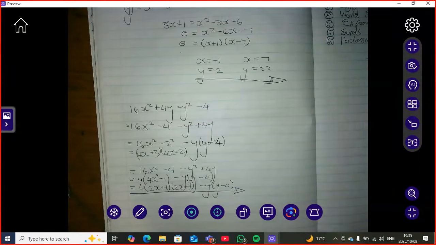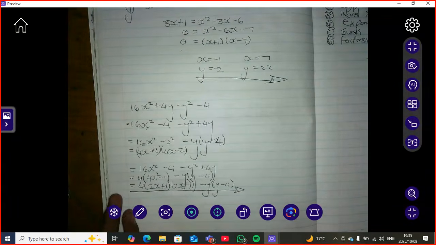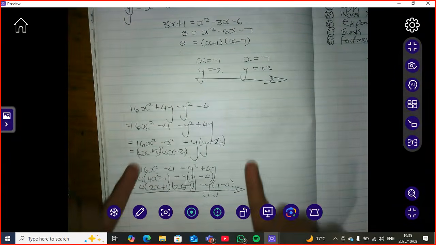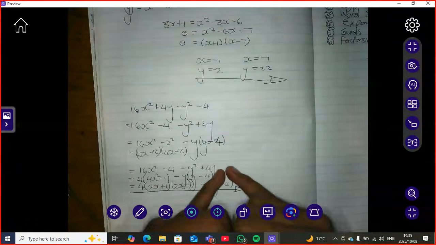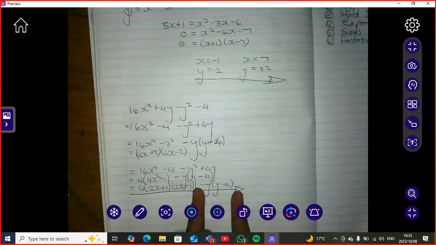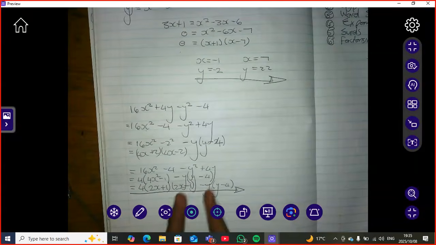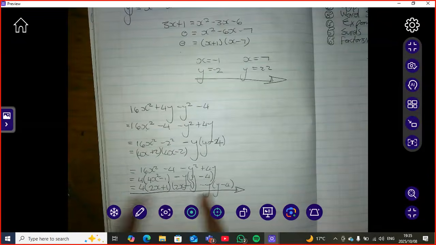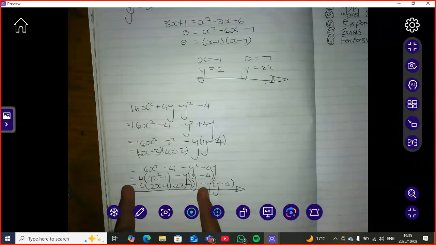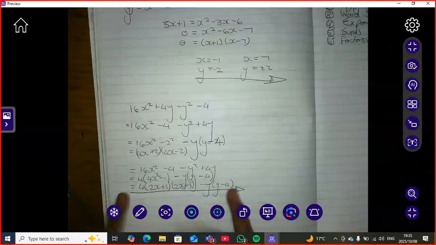Oh no. You see, you can only do that if your grouping gave you a bracket that's the same here and a bracket that's the same there. Then you write what's left over. Then you can do that. You can't do that here because these are different things now. They aren't the same thing.